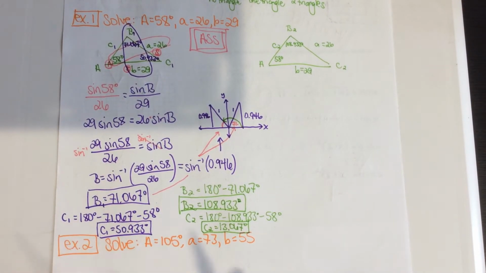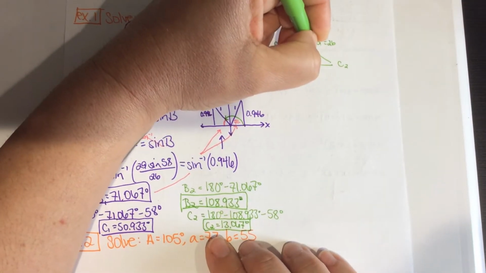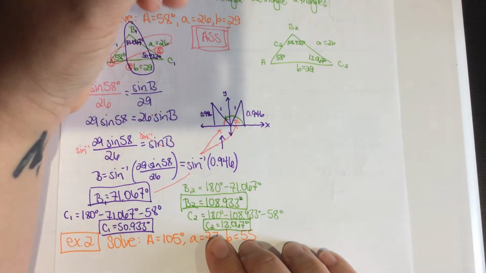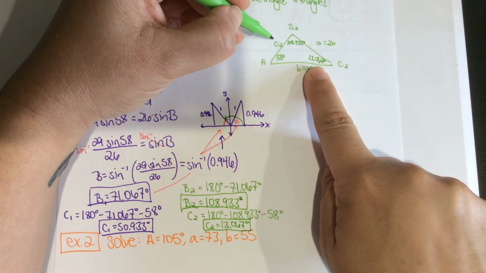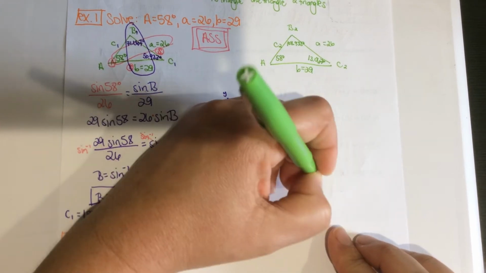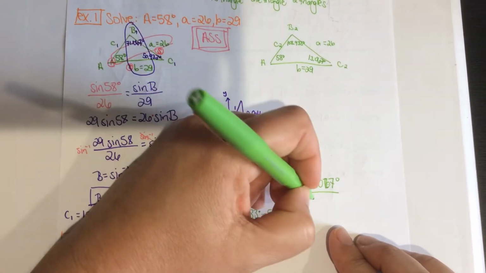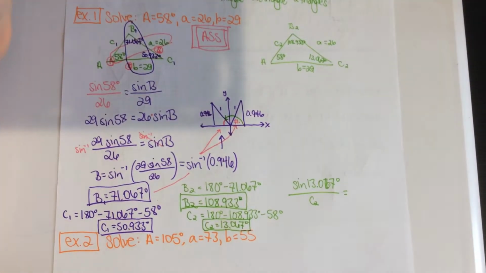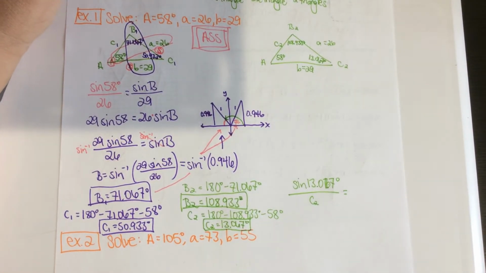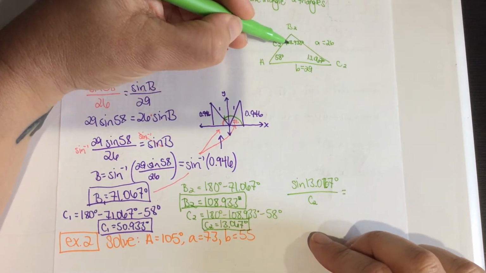So let's keep it together over here. I can find side C by going sine of 13.067 over the C2, little c, right? Now, please use the given information. I could use the A and the A, or I could use the B and the B, but this is an estimate.